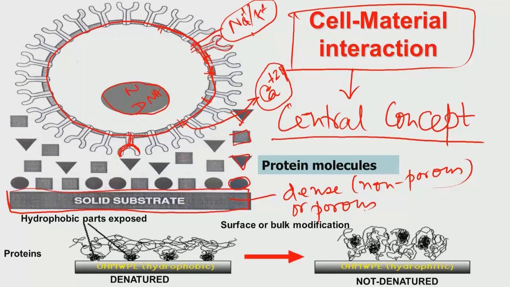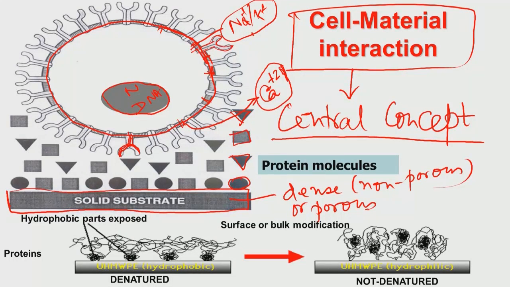Porous means it has certain microporosity or macroporosity. The distinction between microporosity and macroporosity is based on the size of the pore itself. If it is somewhere between 1 to 10 micron, we typically call it a microporous structure. If it is more than 40 to 100 micron and so on, then we call it a macroporous structure.